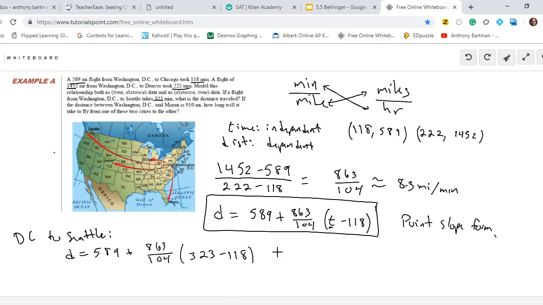And when you do that whole thing, you should get about 22,290.1, and that is miles. So that's about how many miles it would be from D.C.